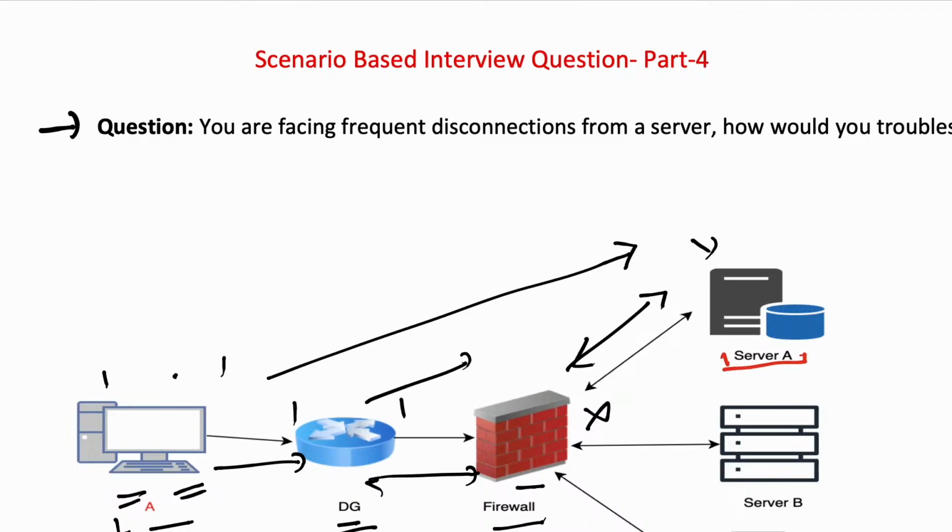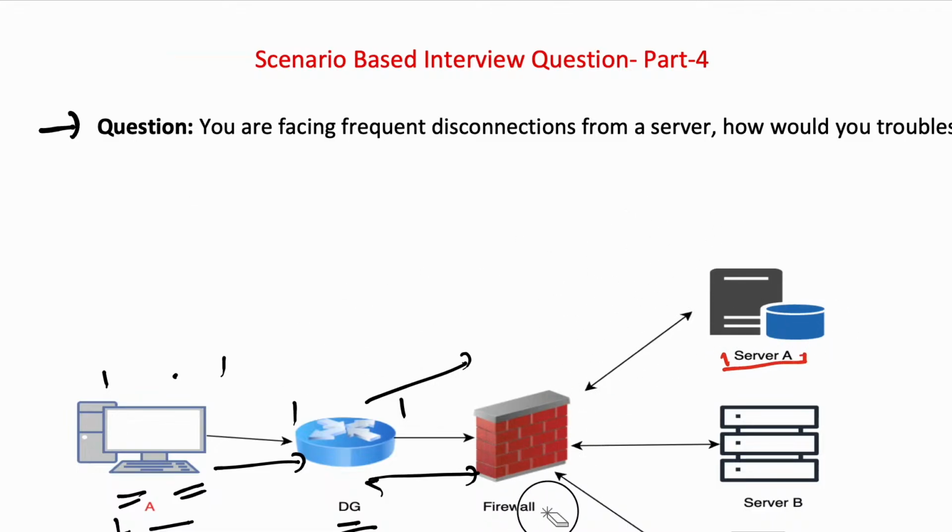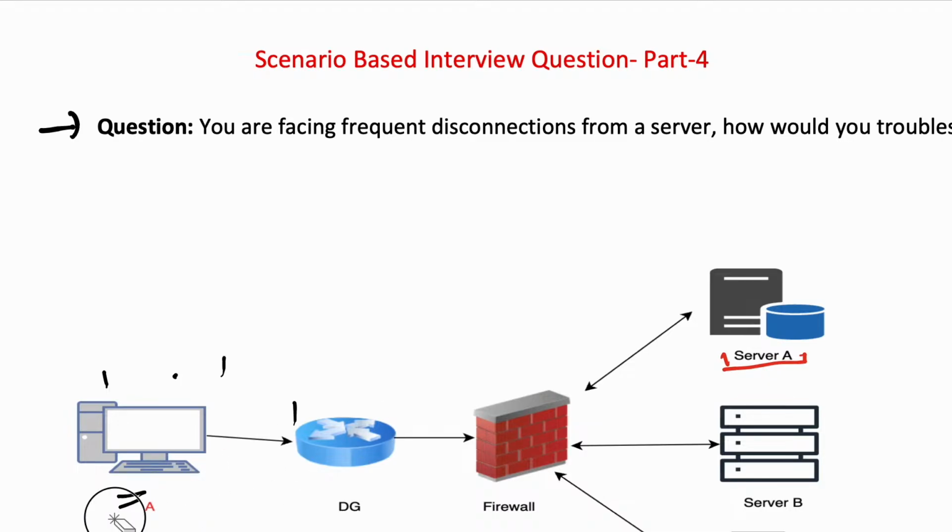If you're not getting any issues with ping, then it means something else is causing the issue: any protocol, ACLs, ALG, whatever. Then there are two or three commands for reachability that you'll check. You'll do traceroute and nslookup, just to check if there are any intermittent DNS issues.